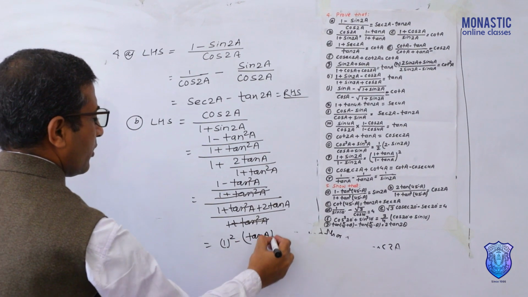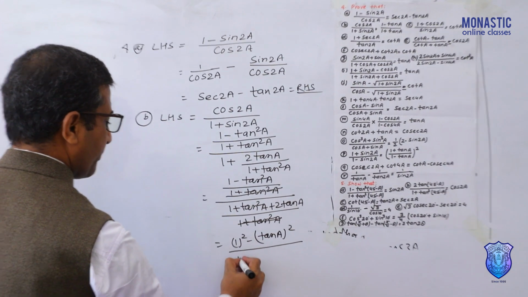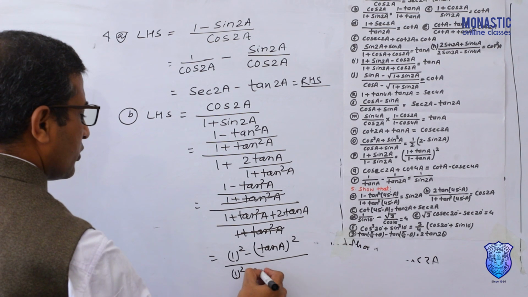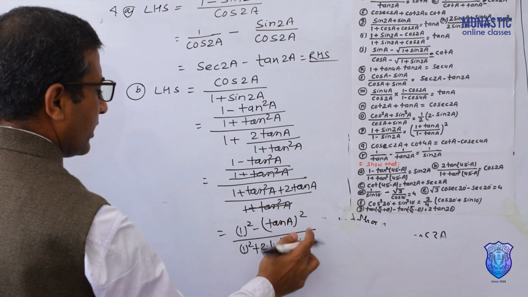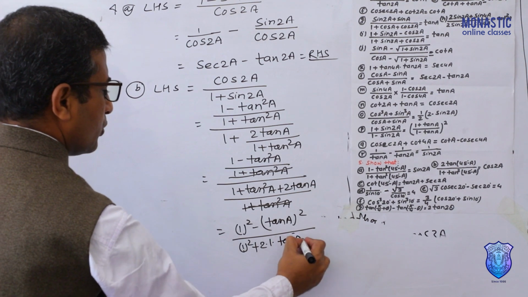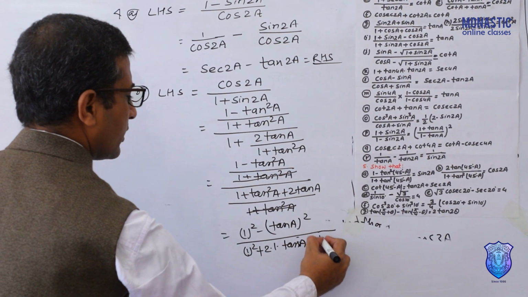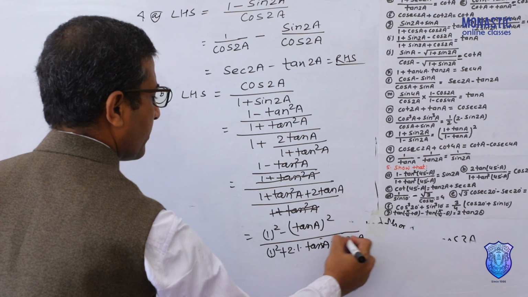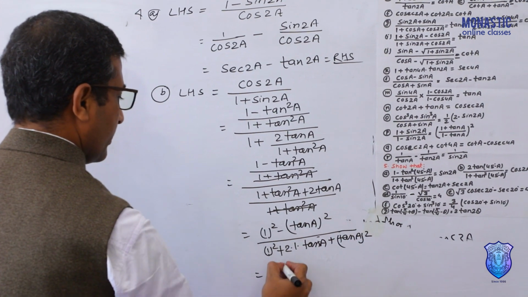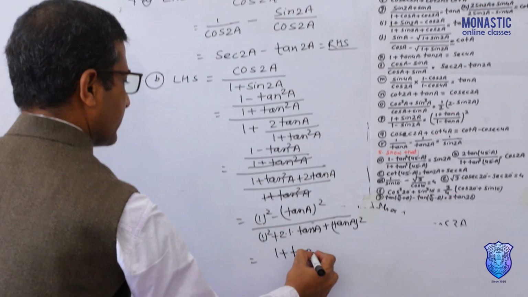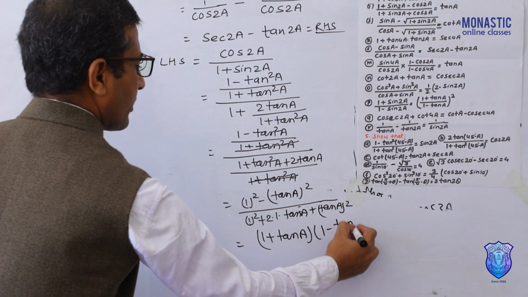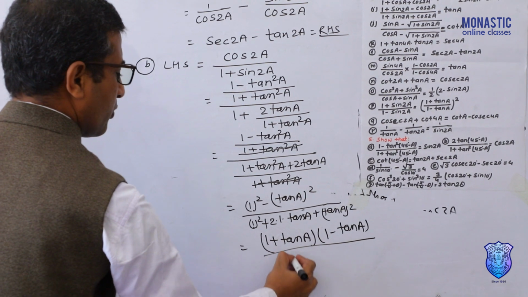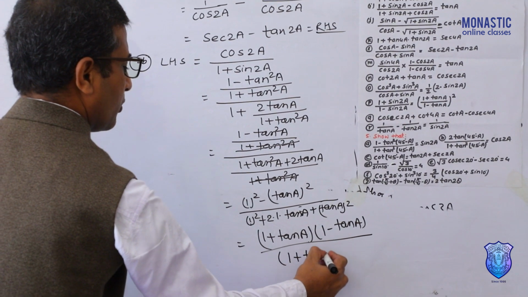It's in the form of a square minus b square, and in the denominator you can arrange it in this way: 2 into 1 into tan a plus tan a whole square. It is 1 plus tan a, 1 minus tan a, and in the denominator it is 1 plus tan a whole square.